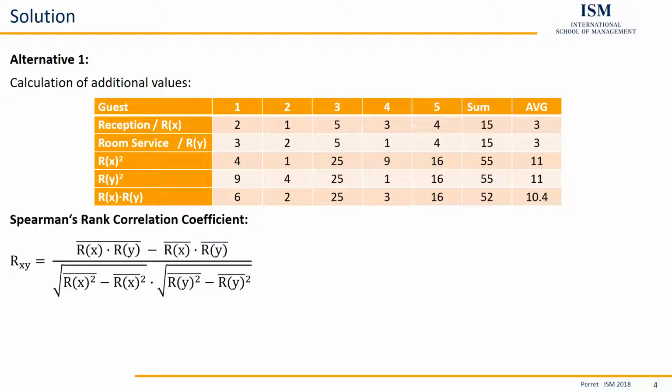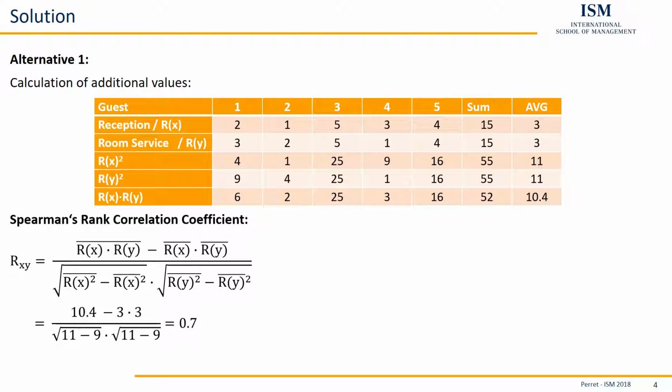So in the first one, we have below the first root 11 minus 3 to the power of 2, so 11 minus 9. And as I said, both roots are equal, so we get 2 times the same result. If we insert the values, we get as final result 0.7, which is actually pretty high and describes a positive correlation.